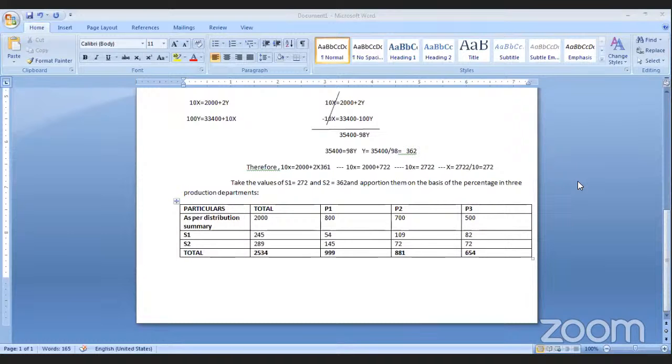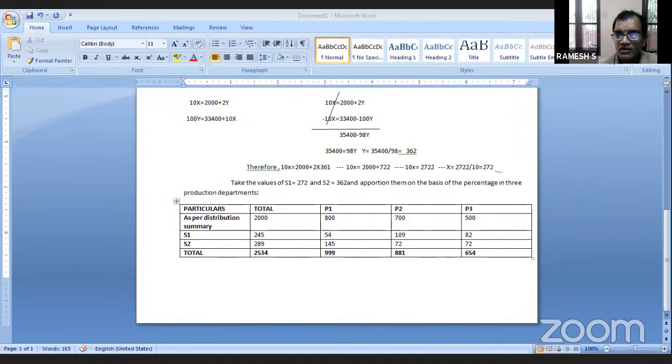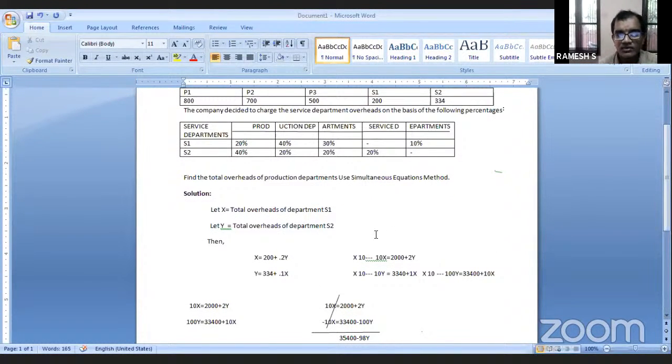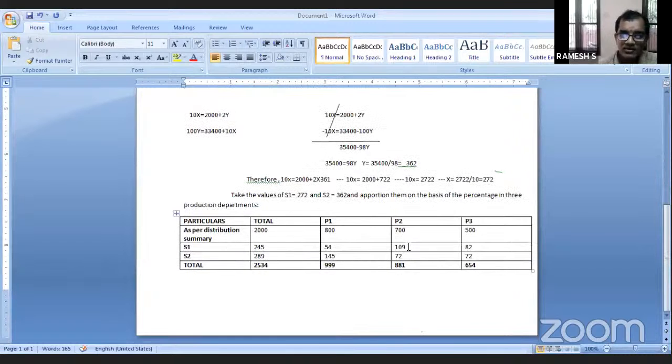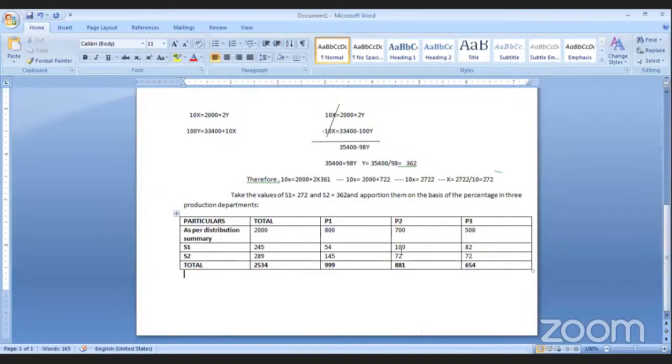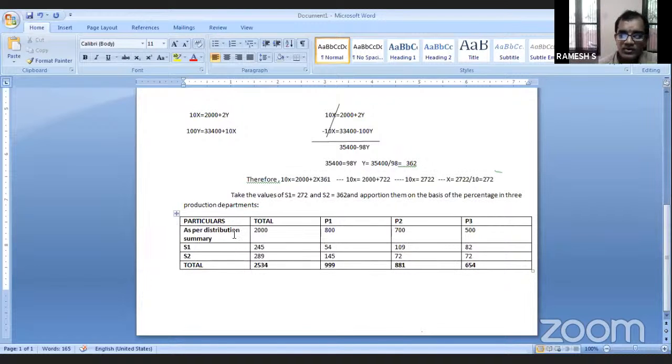For this, first of all, you have to recollect what you have learned up to your 10th class: how these equations you can equalize, how you can minimize the values, how you can eliminate one value. Then you can understand this solution properly. Whatever is given in the problem, you mention as per primary data or distribution summary.